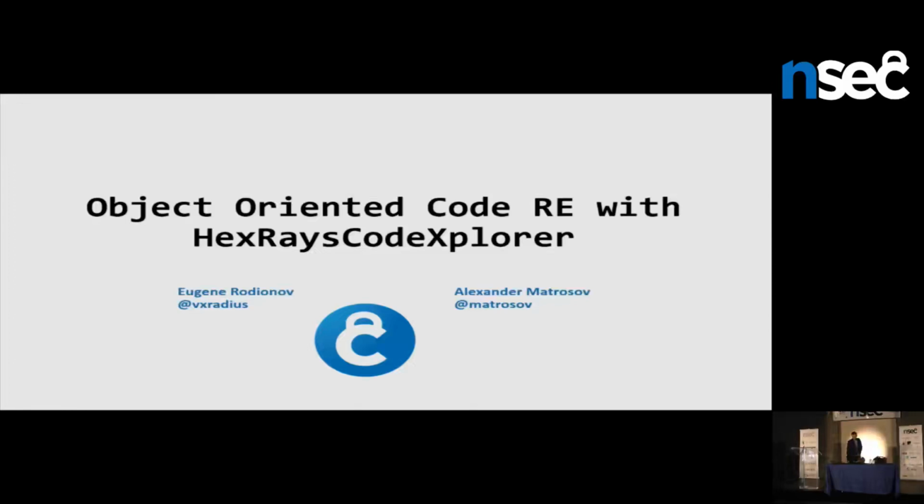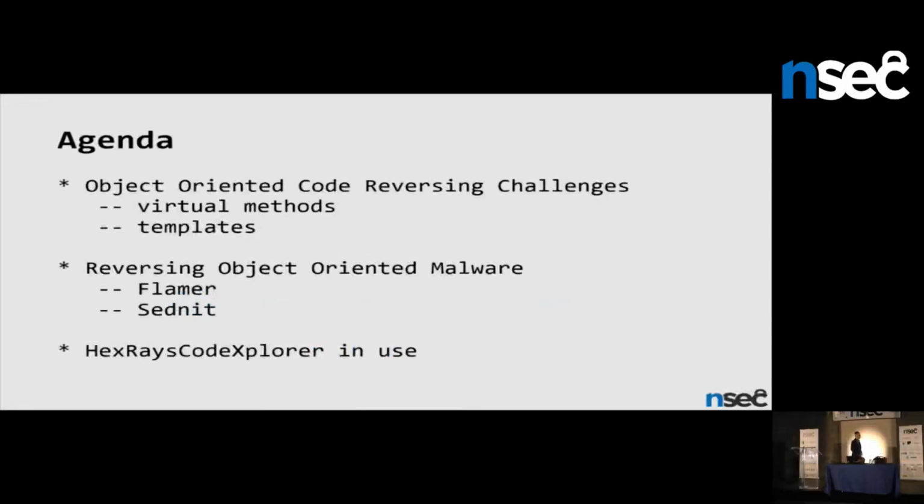So let's start with a brief overview of today's presentation. This is going to be a practical presentation, and to define the scope of the talk, we will limit our attention to C++ as an object-oriented language, because this is the language which causes a lot of pain for reversers.